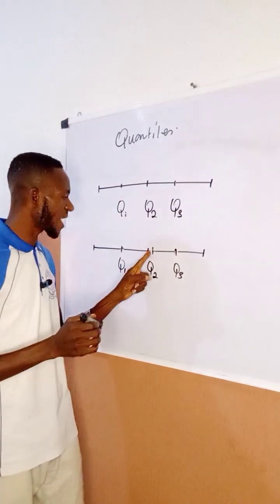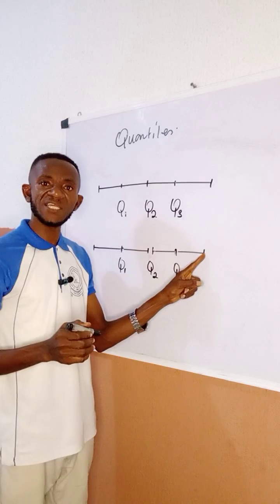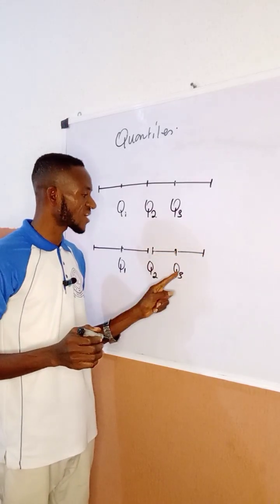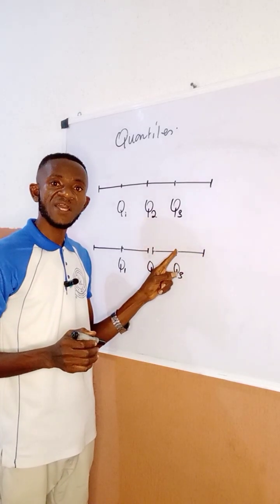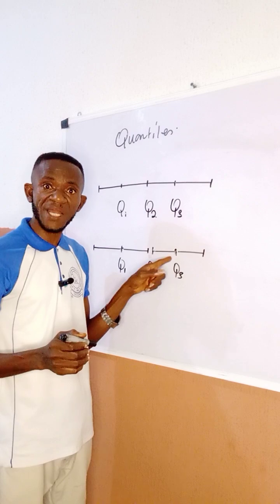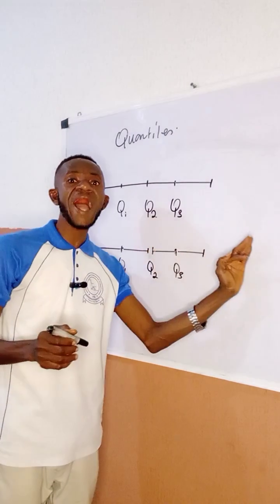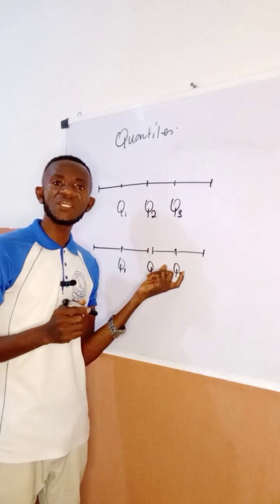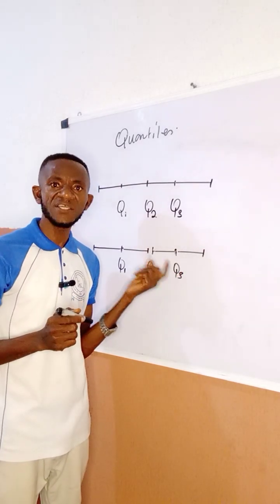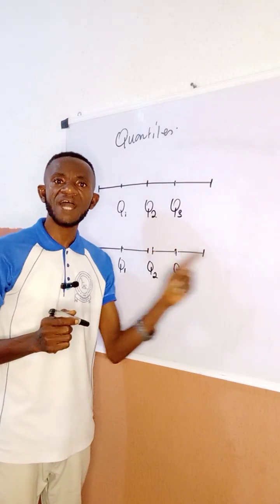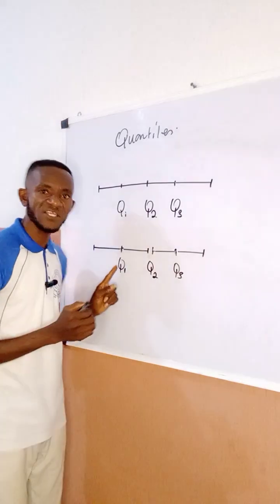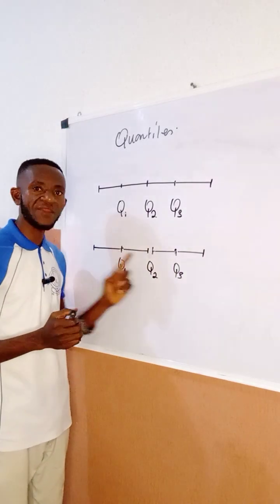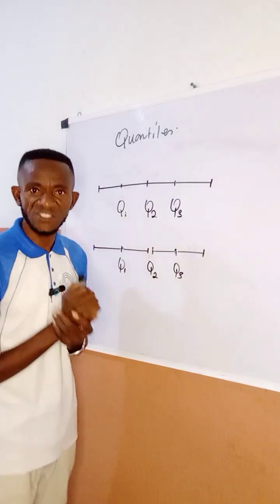And of course, when I'm looking from here to here as a distribution, this my Q3 now is the median. And this median now is for the second half of the distribution. Therefore, the Q3, which we call the third quartile, is the median of the second half of the distribution, while the Q1 is the median of the first half of the distribution.